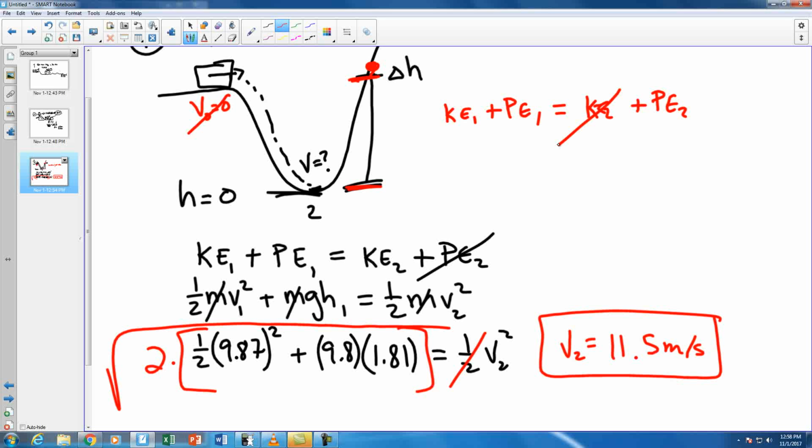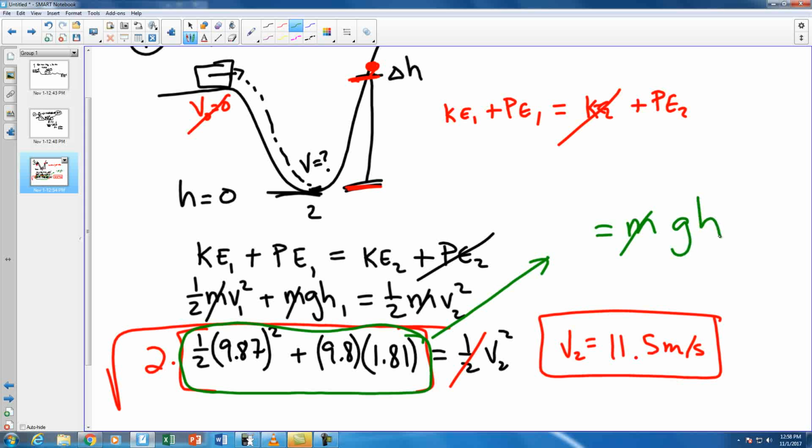Well, the good news is, all this work I already did down here, this thing I'm going to circle right here in green, none of it changed. The difference is that it is set equal to m, which we would have already canceled, times gh. So we have our 9.8 h. So instead of multiplying that by 2 and taking the square root, we just divide by 9.8.